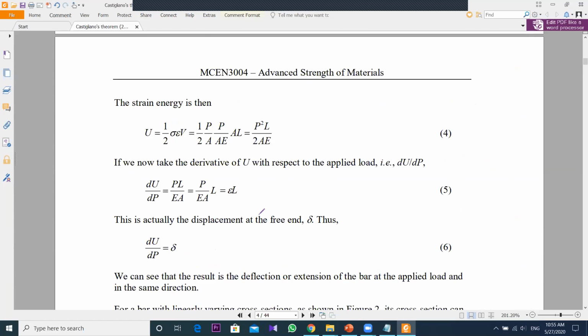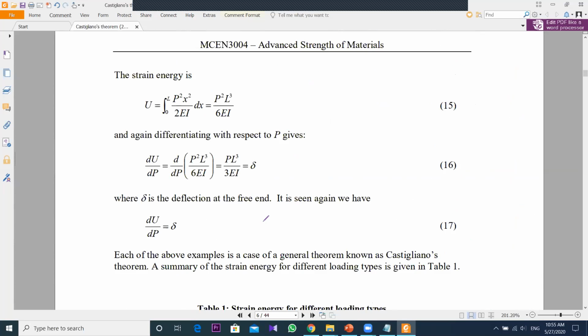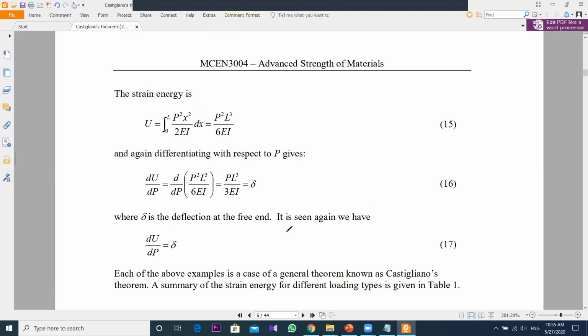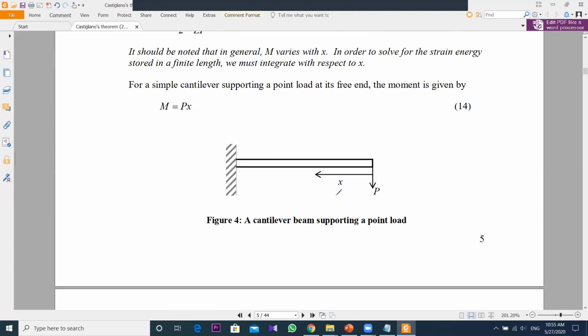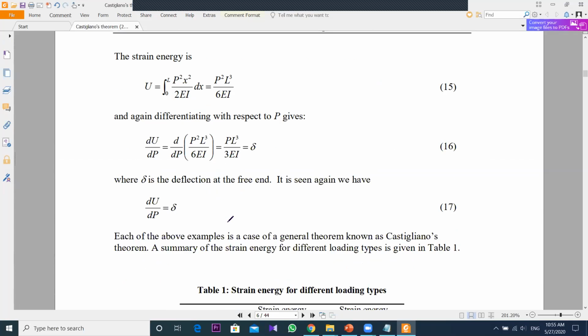This equation equal to delta, you can easily find out this loading system also. We can use this system also, you can use the Castigliano theorem, because the theory we will use is valid for this one as well.